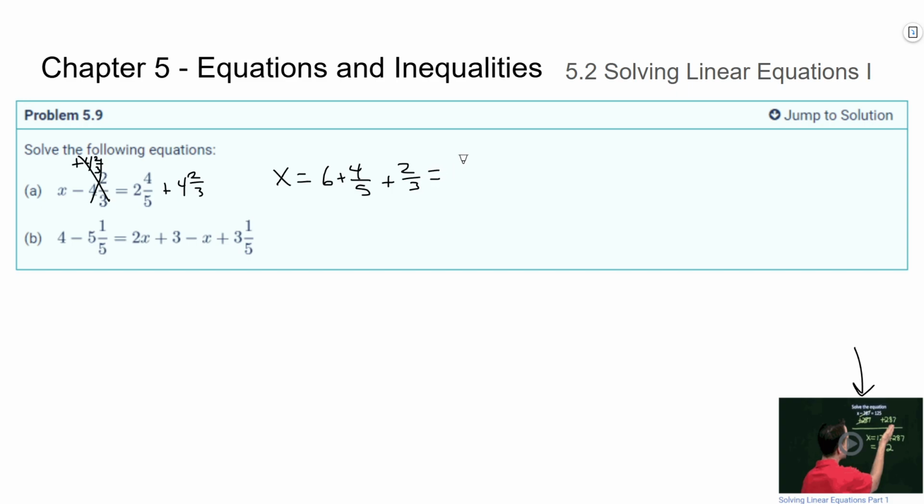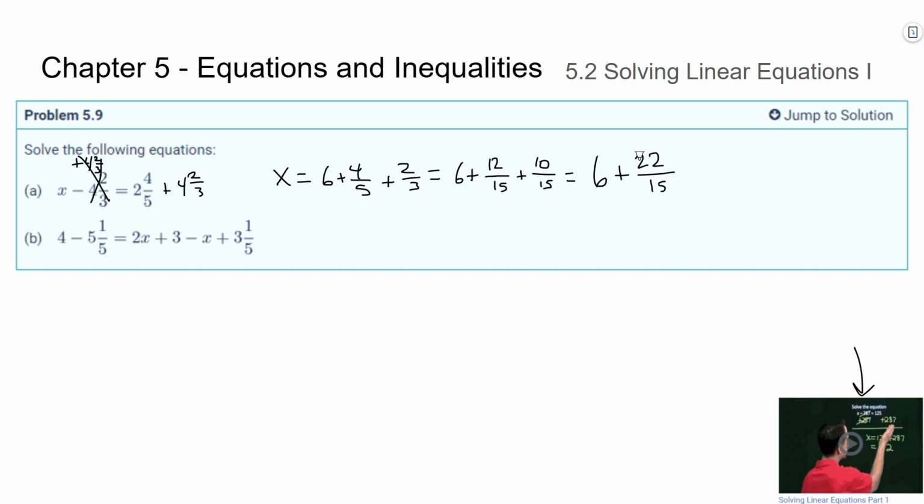And so we'll have 6 plus, so let's see, 4 times 3 is 12 over 15. And here we'll multiply 5 and 5, so we'll have 10 over 15. All right, it's going to give us 6 plus, looks like 22 over 15.